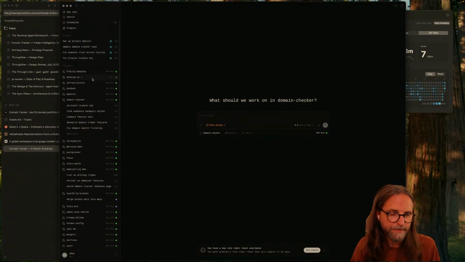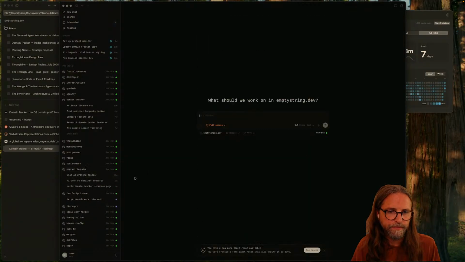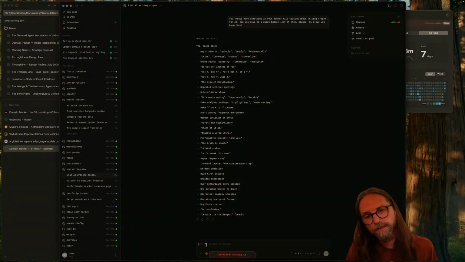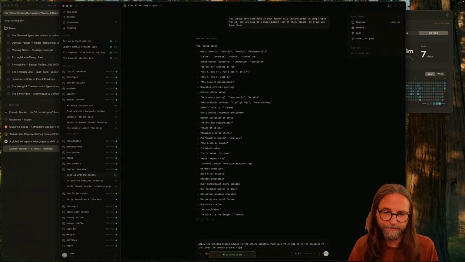Well, anyway, regardless, website can be done. Apply the writing tropes advice to the entire website, and push up a PR, or add it to the existing PR that does the domain tracker copy.